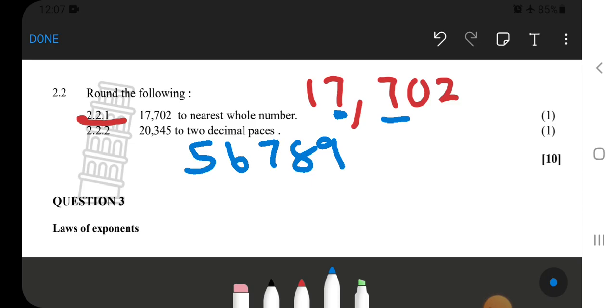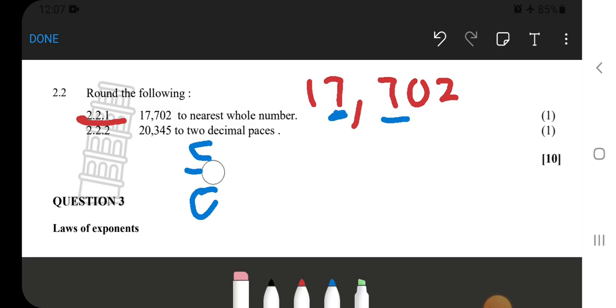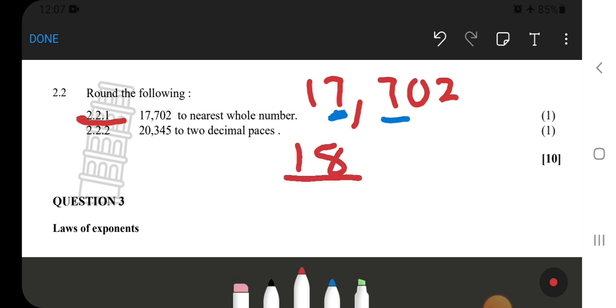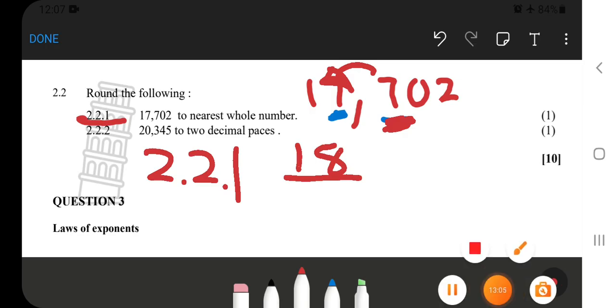But if we have 0, 1, 2, 3, or 4, this number remains the same. A whole number is like a 13, a 14. It does not have decimals, so we are going to have 18 for 2.2.1, because after the decimal we have 7. So 7 takes this one up once. It's like adding 1. It's like saying 17 plus 1. So yeah, that's what happened there.